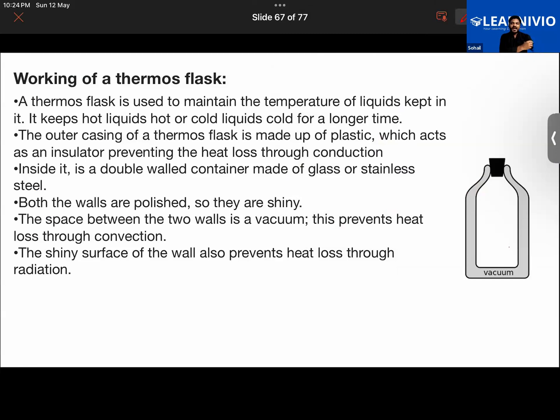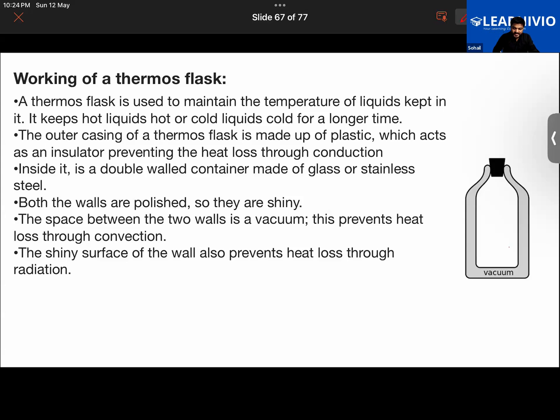Now let's understand how a thermos flask works. We are done discussing the three modes of transfer of heat: conduction, convection, and radiation. Now you all have used this thermos flask or would be using it. A thermos flask is used to maintain the temperature of liquids kept inside it, whether we want to keep it warm or keep it cold for a longer period of time.